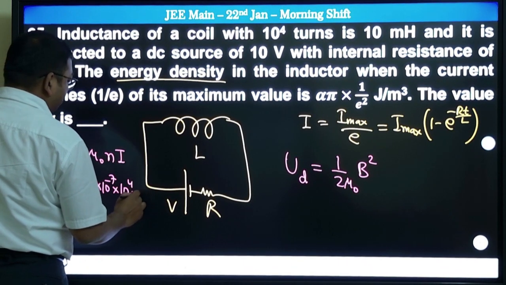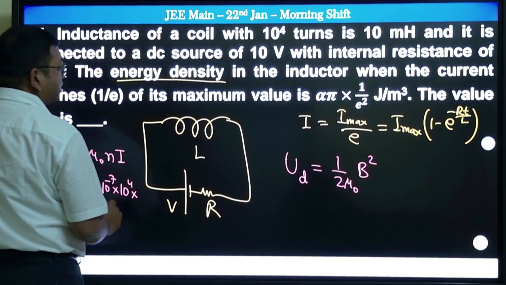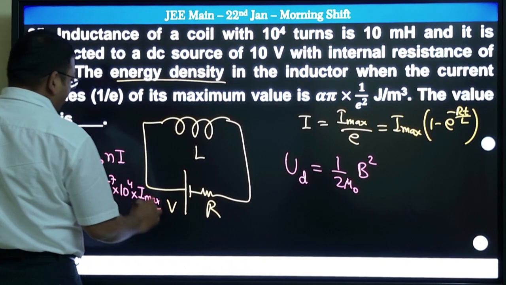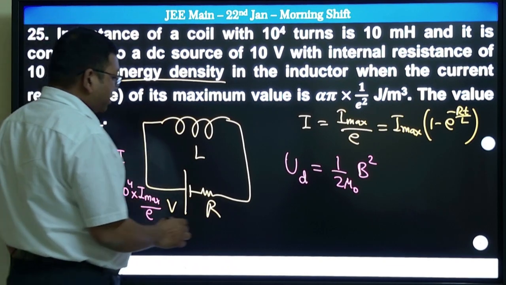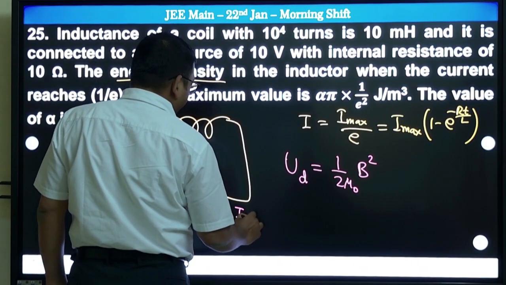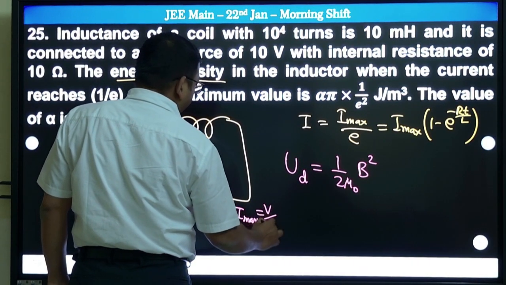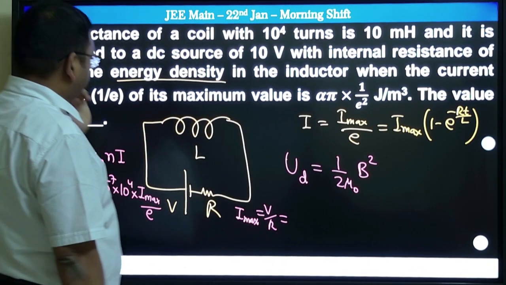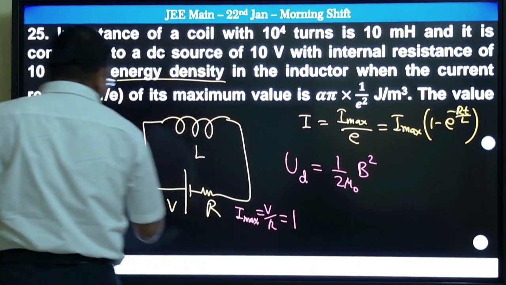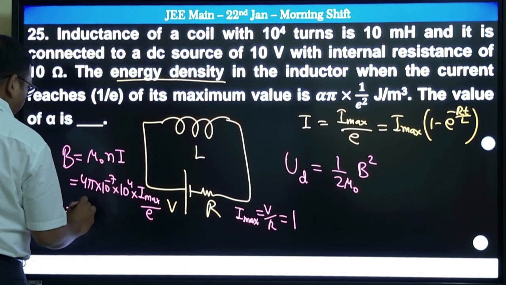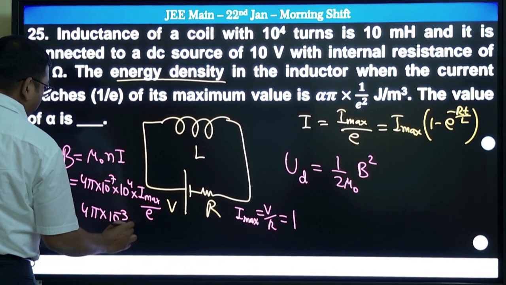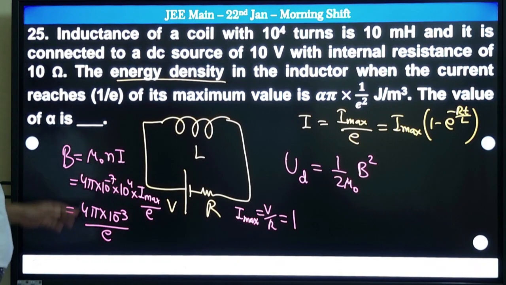And current is I max by e. What is I max? Maximum current is V by R. The voltage of the battery is 10 volt, resistance is 10, so this is 10 by 10, which is 1. So B is 4 pi into 10 to the power minus 3 by e. So you got the magnetic field.